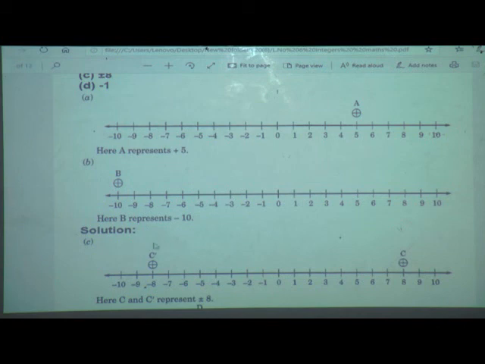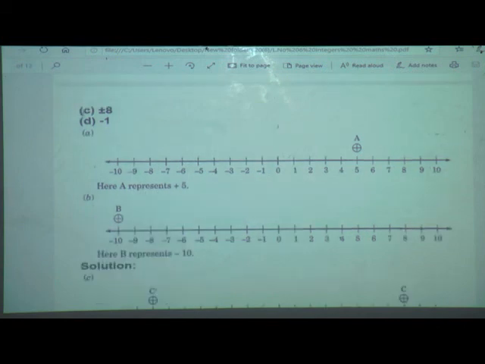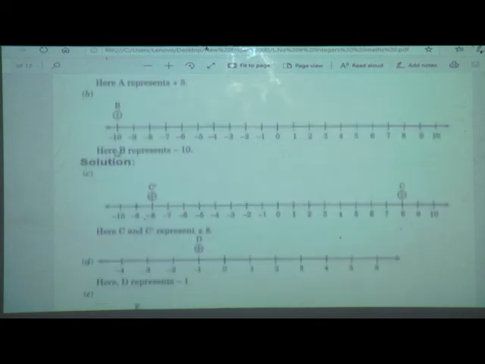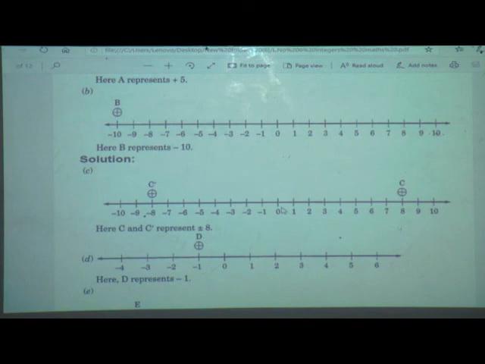In the third question, we have to represent plus and minus 8. It means both the numbers, positive 8 and negative 8. So let us see. Towards the right side of 0 we have positive, and towards the left side we have negative. So first of all we will mark the positive 8.